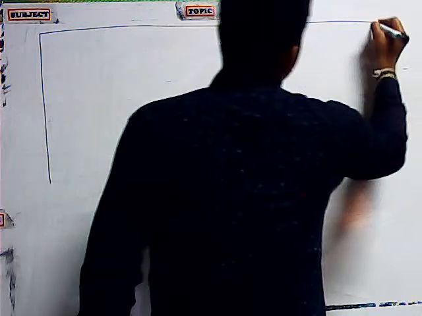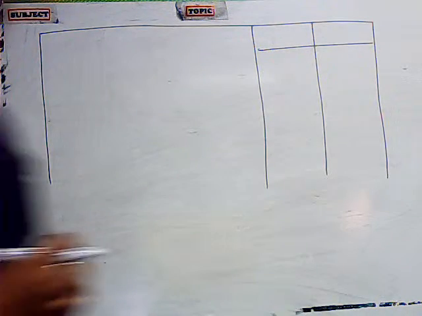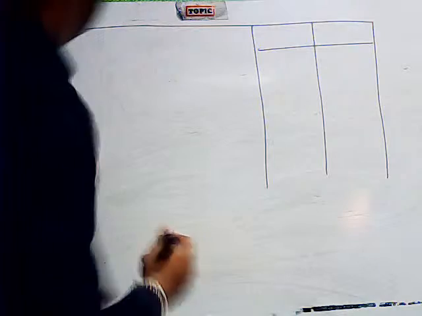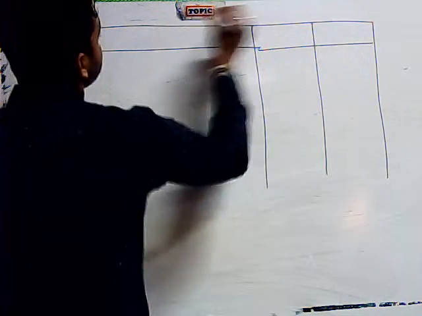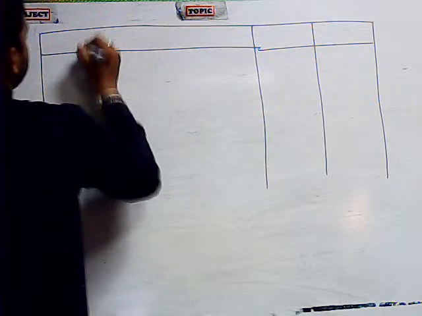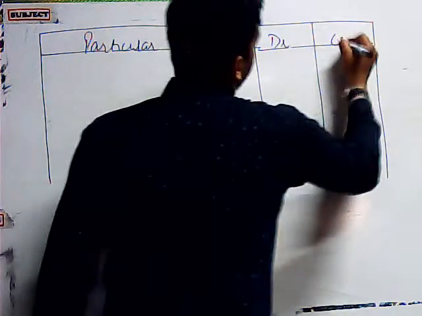You are having a trial balance and the value of machinery. Particular, debit, credit.